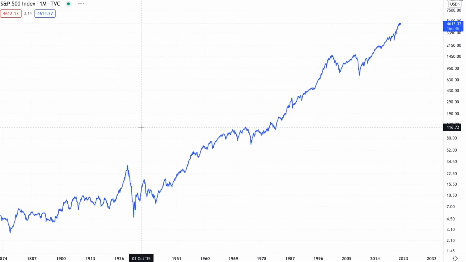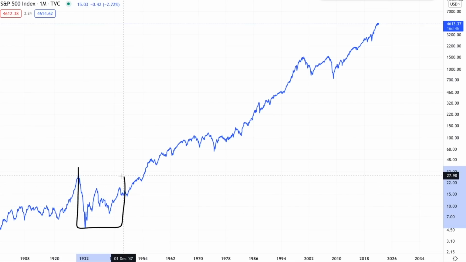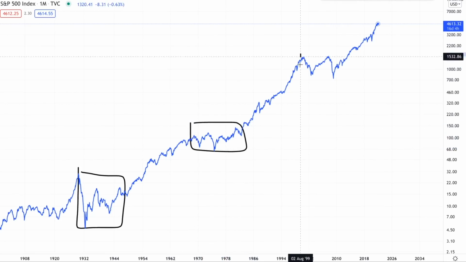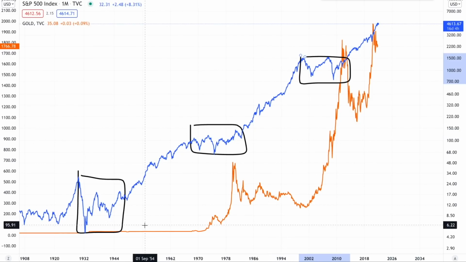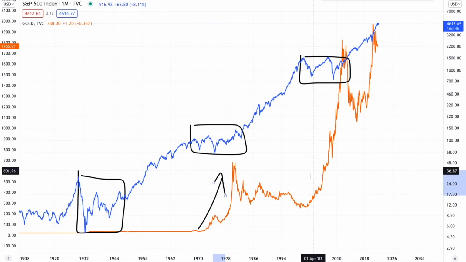If we take a look at the S&P 500 throughout history, it's quite easy to see the periods where it underperforms, right? Between 1929 and 1947, the 1960s, during the 1970s here, and between 2000 and 2010. And those periods also happen to be periods where gold does well, right? This period here, gold did well, and this period here, gold did well.